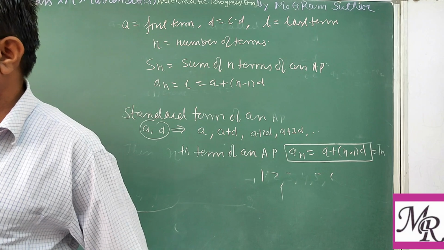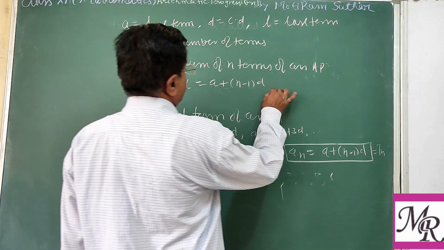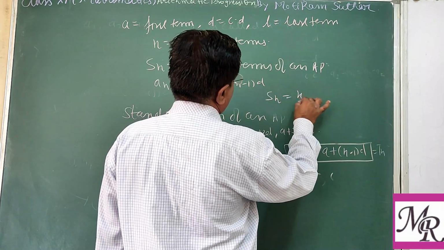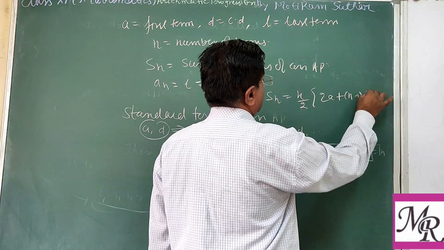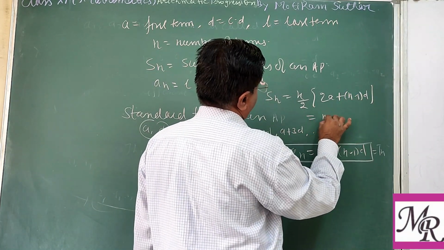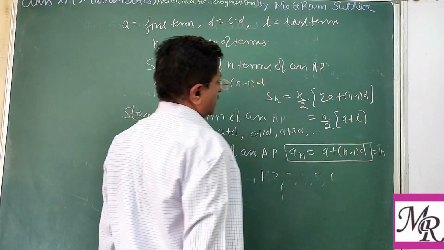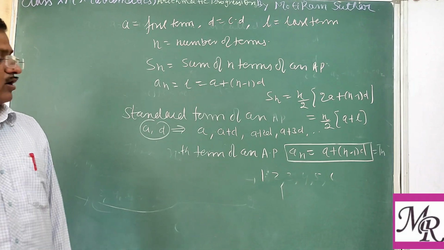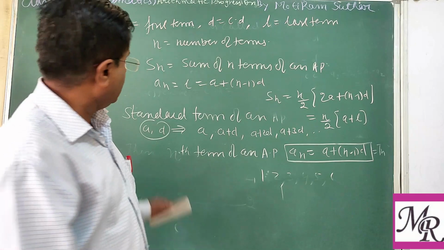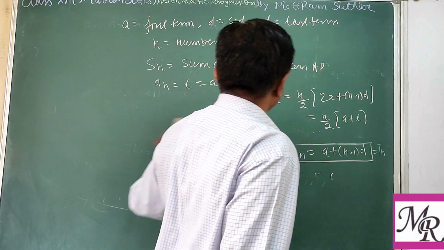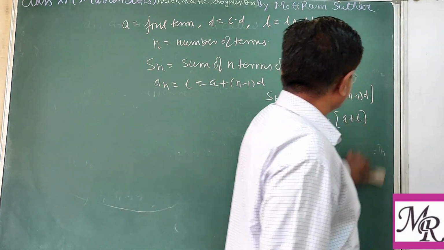And also we see the formula for the sum of n terms: Sn equals n by 2 times 2a plus n minus 1 into d. Or one more formula we have, if you know the first term and last term. So these are the formulas for finding the sum of n terms of an AP. Using these formulas, we can solve some problems.